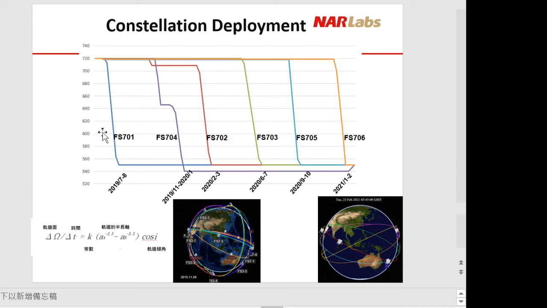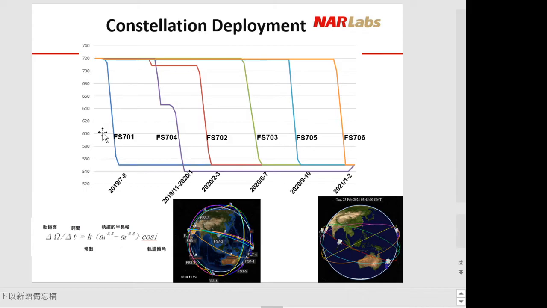Therefore, we need to maneuver all 6 satellites one by one every 108 days. So we adjust FS701 from 720 to 550 about 1 month after it has been launched. Then after that, we adjust their altitude one by one.